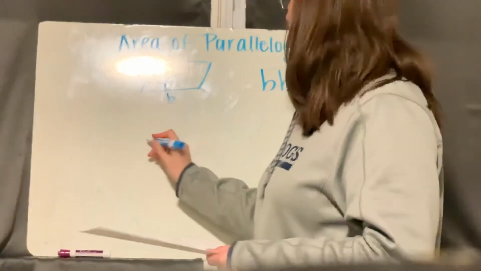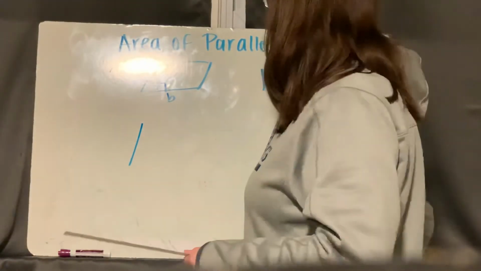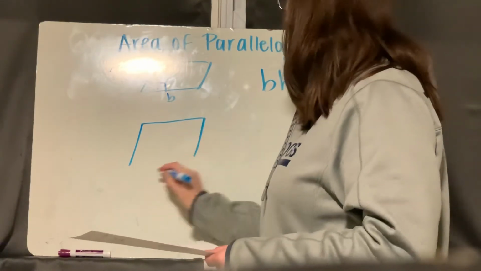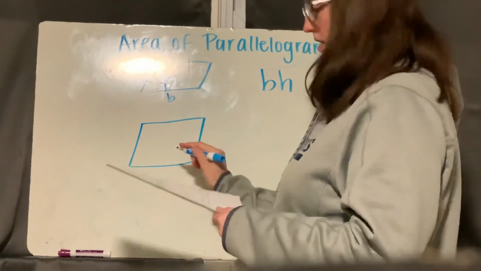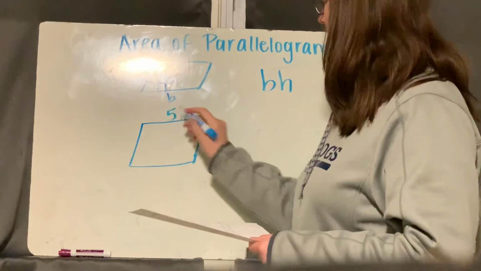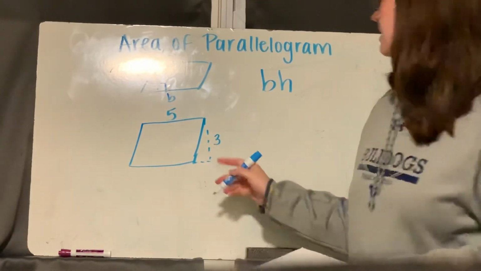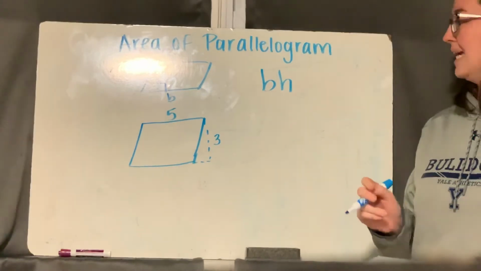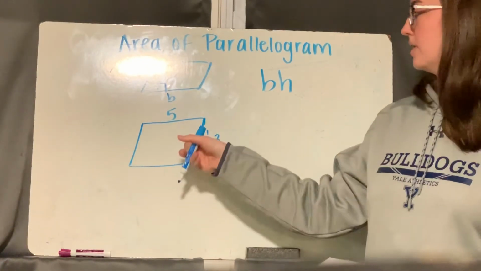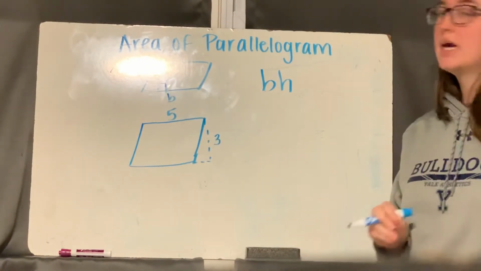So let's say, for example, I'm given this parallelogram. This time they had the height on the outside of the shape instead of on the inside like I showed you up there. That's okay.